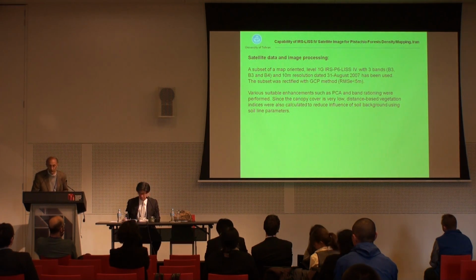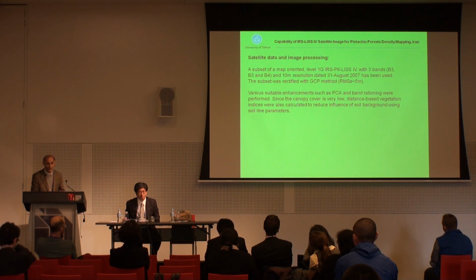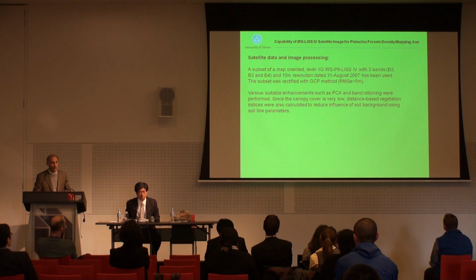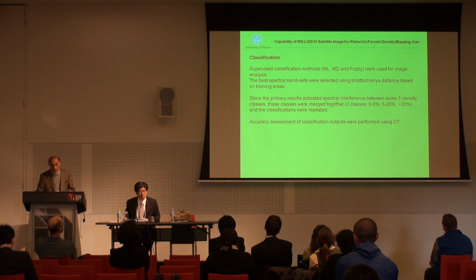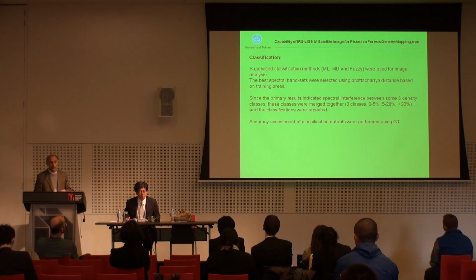We used a subset of level 1 LISS4 raw data with three bands and a resolution of 10 meters. The geometric correction was performed with the GCP method, and various enhancements such as PCA and distance-based vegetation indices were also calculated to reduce the influence of soil background, because the forest is very low density. We performed common classifications such as maximum likelihood, minimum distance, and fuzzy to analyze the image.